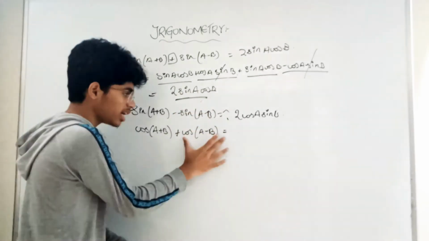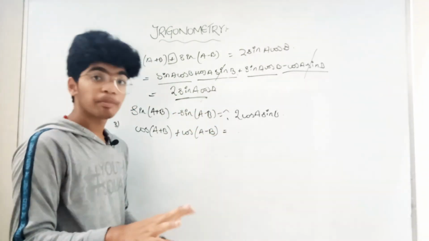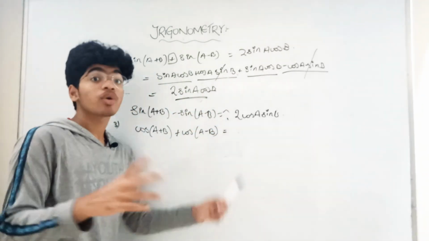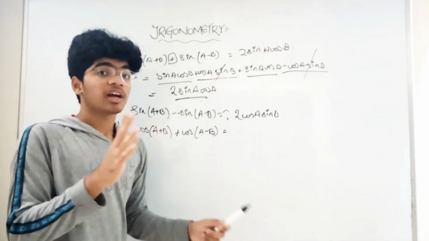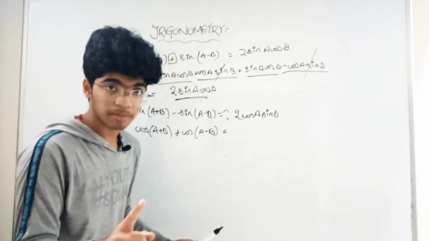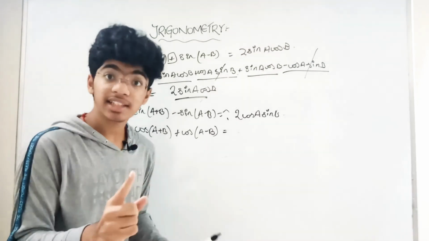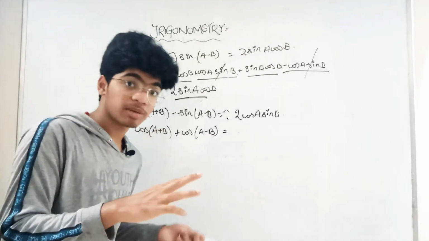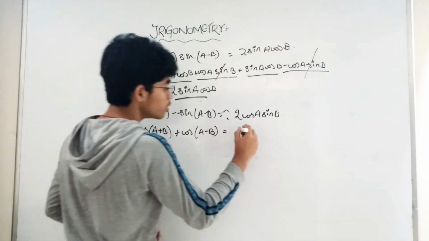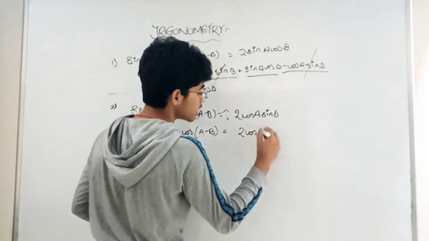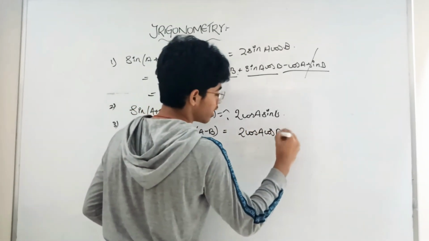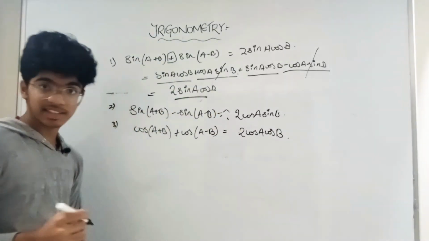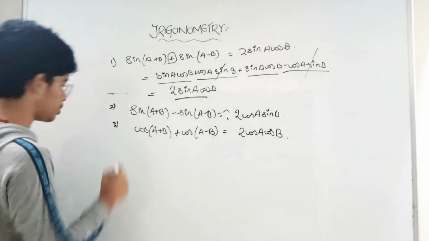And cos of a minus b is cos a cos b plus sin a sin b. So comparing these two equations, in the first we have minus sin a sin b, in the second we have plus sin a sin b. So they both get cancelled, and what we are left with is cos a cos b plus cos a cos b, equal to 2 cos a cos b. So that's the answer. You can check it out again on paper if you want.